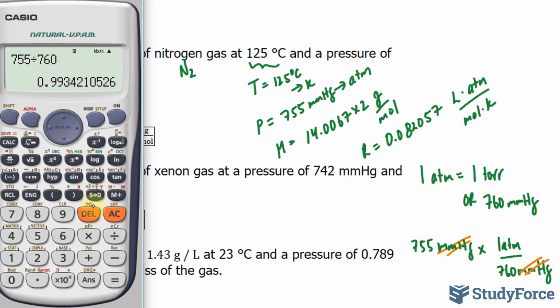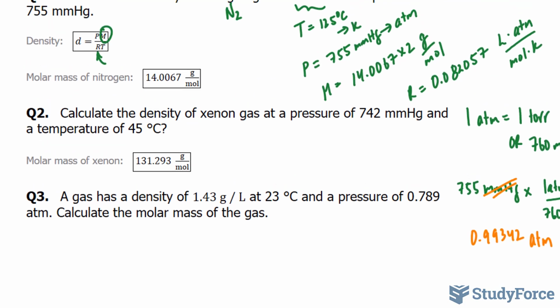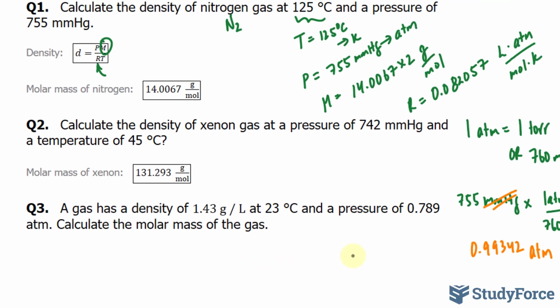This gives us 0.9934. Since this has 3 significant figures, we should also stop at 3, although I'll continue to write more just to prevent any rounding errors later on. So I'll write down 0.99342.